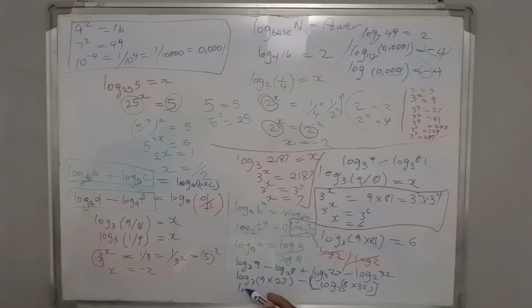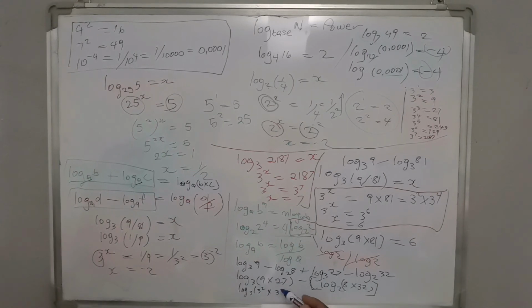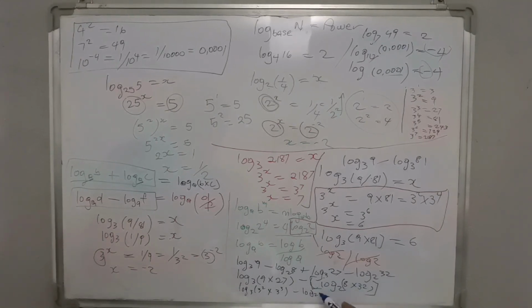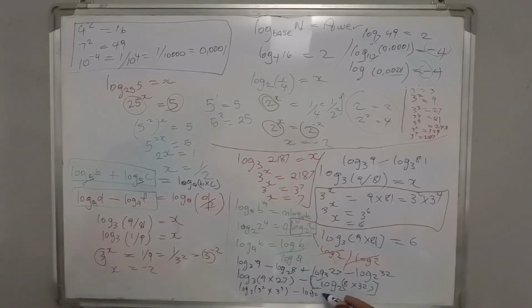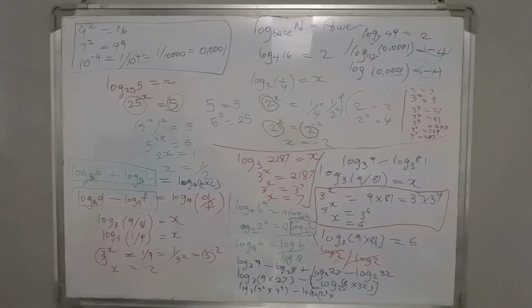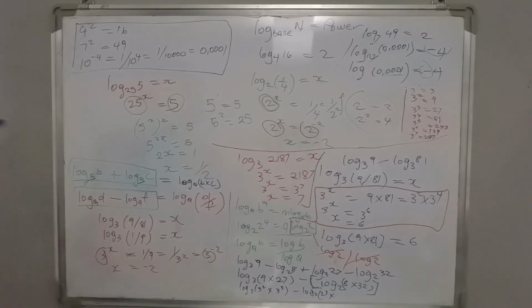This would be log 3, then lona 3 raised to 2 times 3 raised to 3 minus log base 2 mulona kuzoba u2 raised to 3 times u32, u32 ubani u32, 2 raised to 5. Yes, 2 raised to 5.